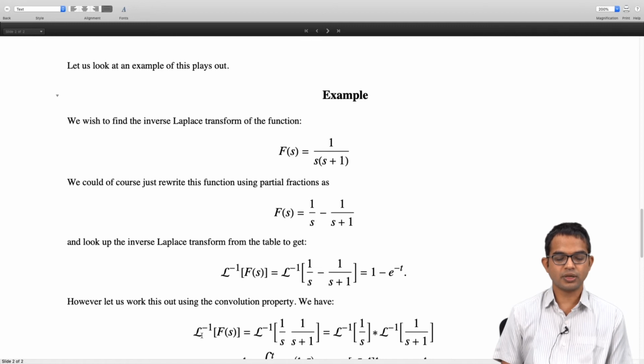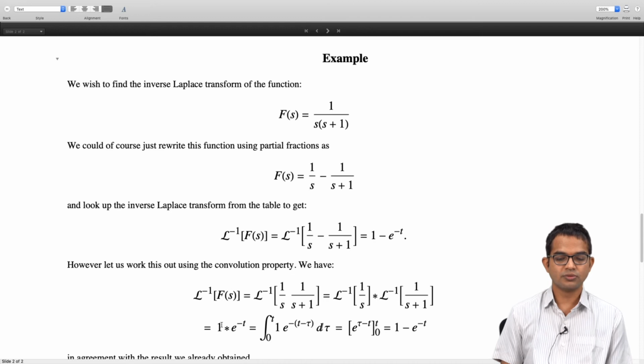So what is this? We have the inverse Laplace transform of f of s is the inverse Laplace transform of the product of these two functions. But we have seen that what is a product in this Laplace transform space becomes a convolution in the time space. So that is the inverse Laplace transform of 1 over s convolution inverse Laplace transform of 1 over s plus 1, each of which we know how to do.